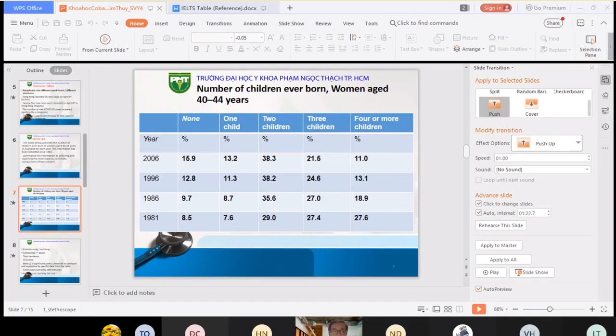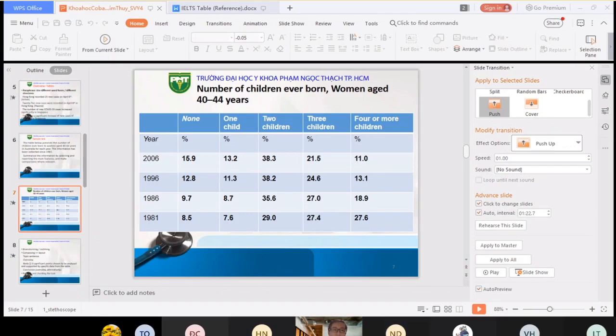Okay, tell me about the second column. The second is about the children who the women gave birth to. In the second column, yes, you see none.